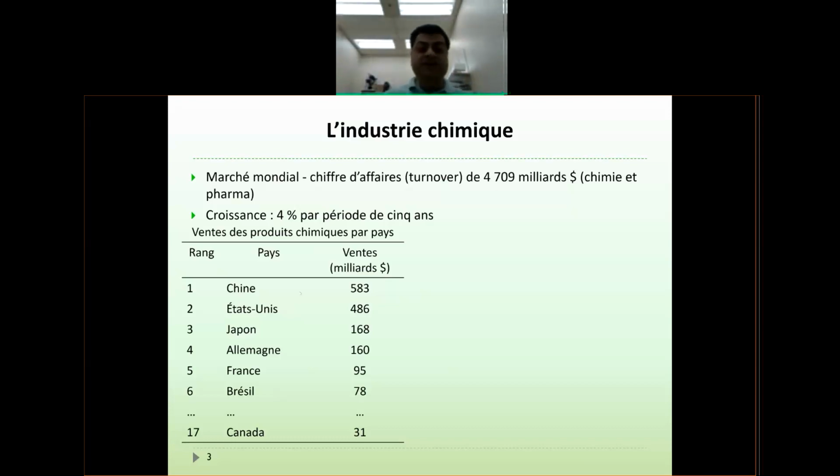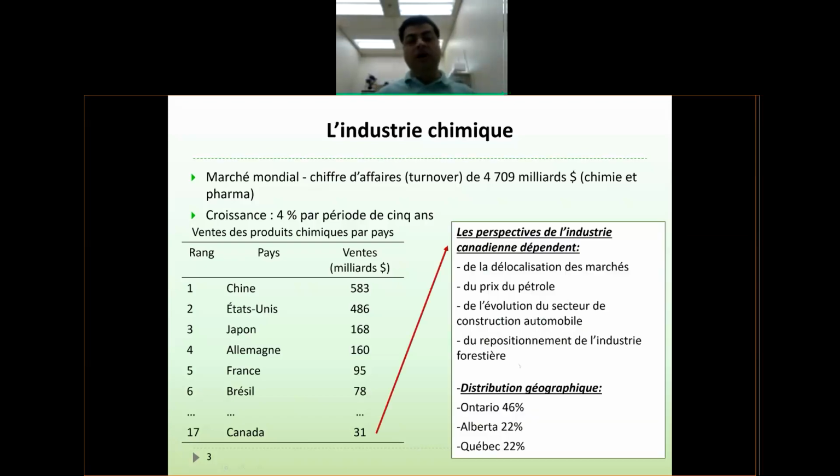And if you consider some countries, you can see that some are really benefiting from selling chemicals, like China, United States, Japan, Germany, France, Brazil. Canada is unfortunately not as good as China and United States, but Canada can be a big player too, because Canada has a lot of natural resources.